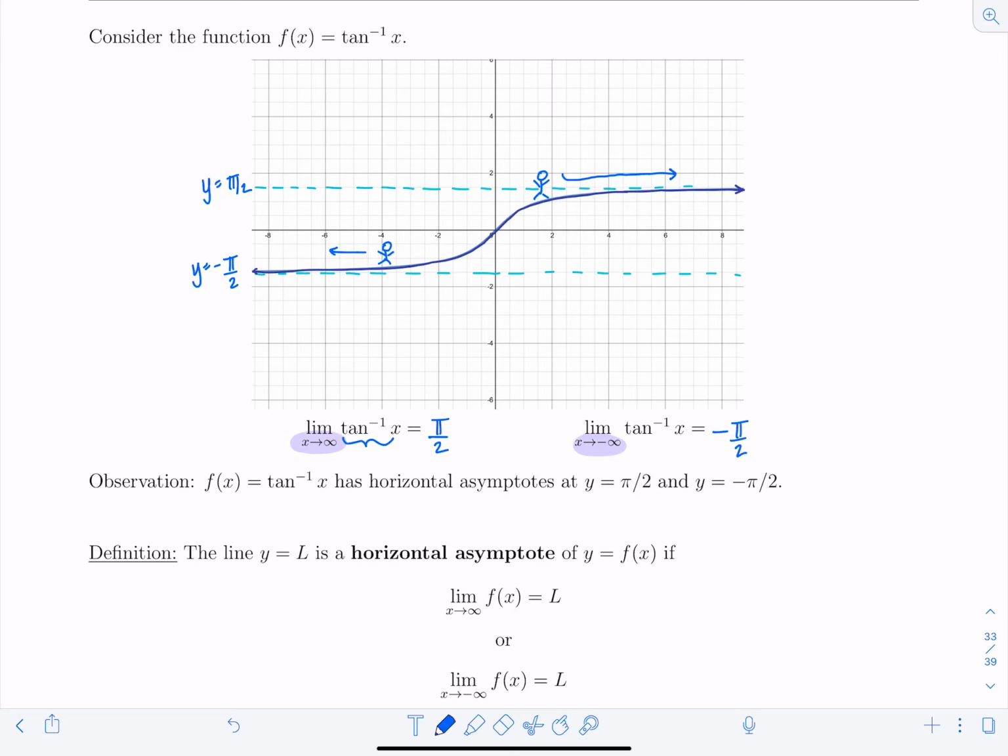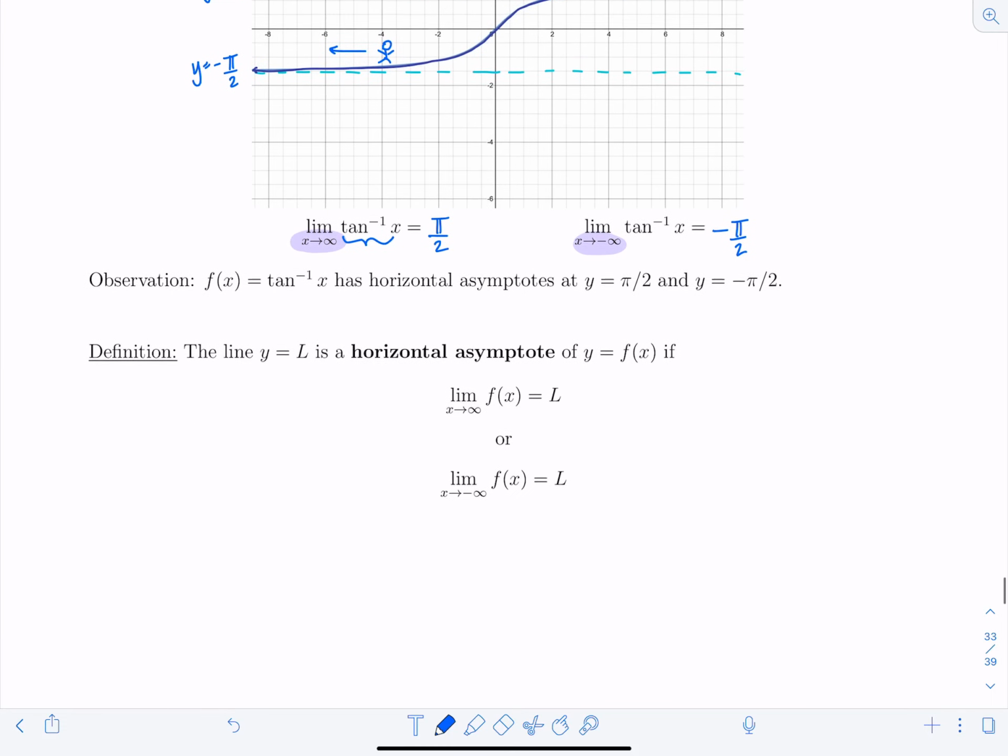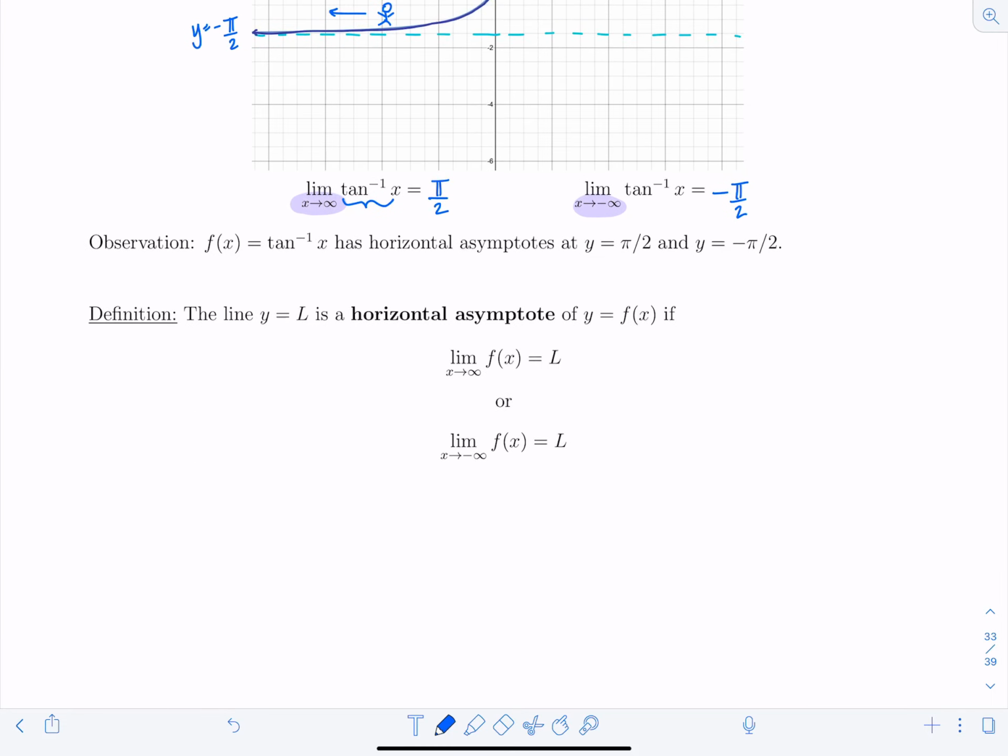So this is the definition that we have now for a horizontal asymptote. The line y equals L is a horizontal asymptote of y equals f of x if the limit as x approaches positive infinity of f of x equals L, or the limit as x approaches negative infinity of f of x equals L. Now you might remember some methods that you learned in precalculus for finding horizontal asymptotes for rational functions dealing with the degree of the numerator and denominator, and that's a great way that you can check your work.